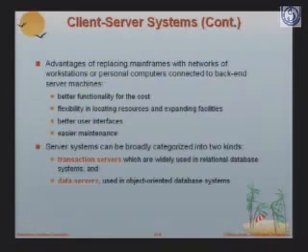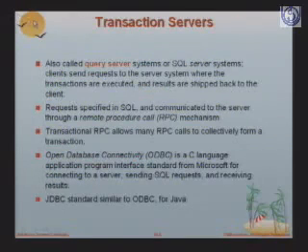Server systems can be broadly categorized into two kinds, depending upon the functionality they perform. One is sometimes called transaction servers, which are widely used in relational databases, and the other is sometimes called data servers, which are widely used in object-oriented database systems. This is the type of functionality they do. Sometimes they are also called query servers.